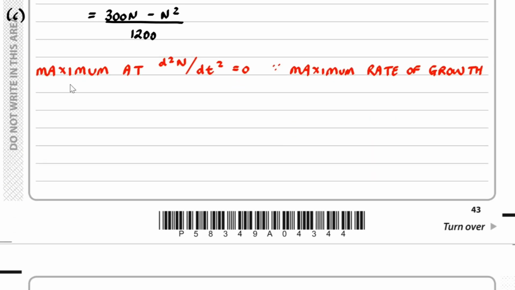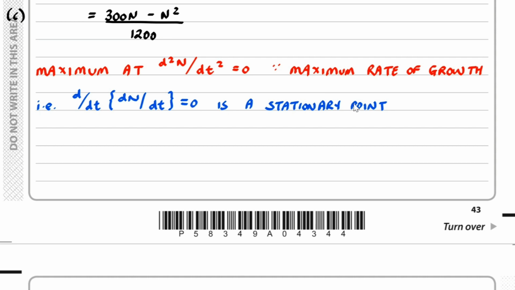So in other words, what we are saying over here is d over dt of dn over dt is equal to 0.